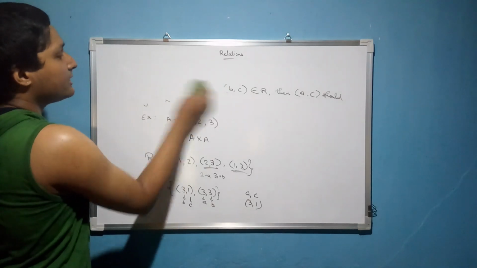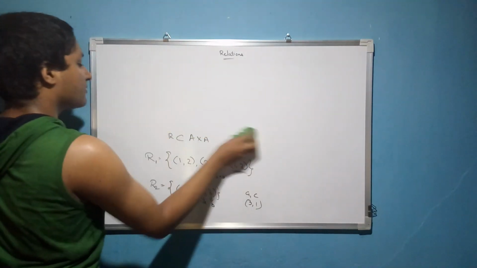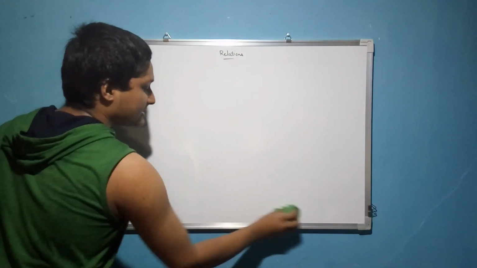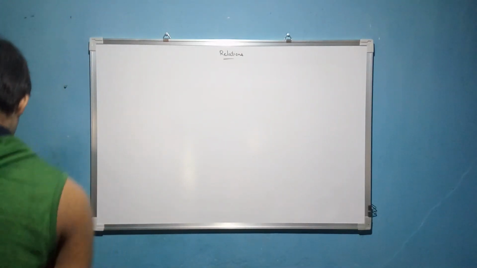But there is one more important type of relation that turns up from these three cases. That is reflexive, symmetric and transitive.